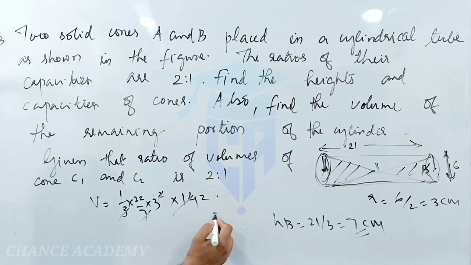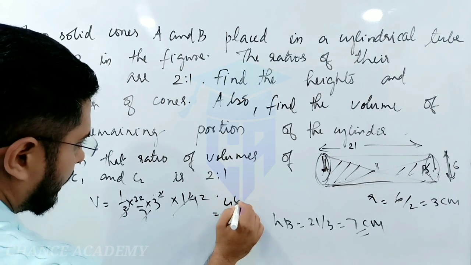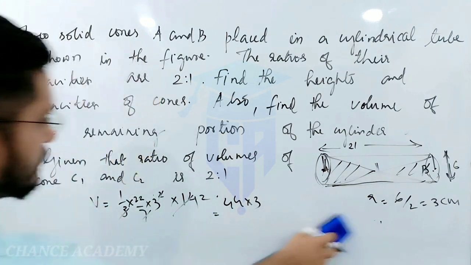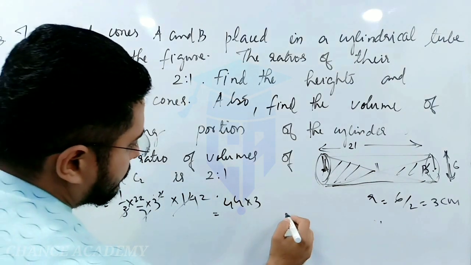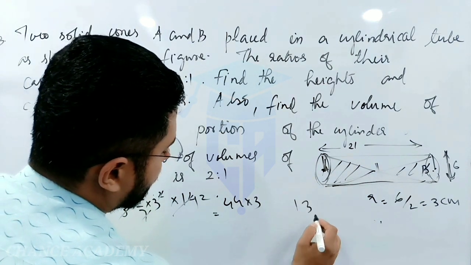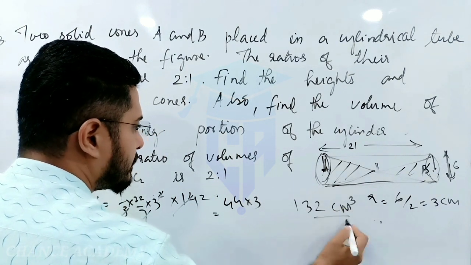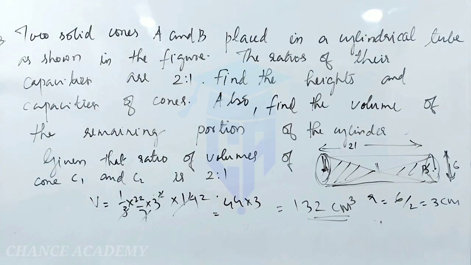Finally we get 22 into 2, which is 44, and 44 into 3 will be the volume of the first cone. That gives 132 centimeter cube.